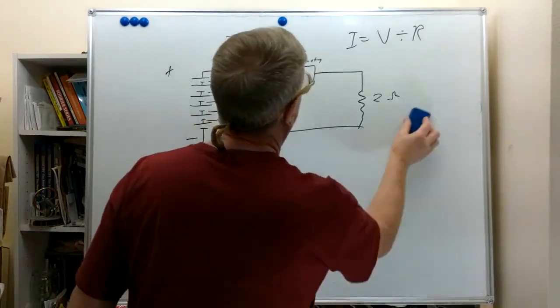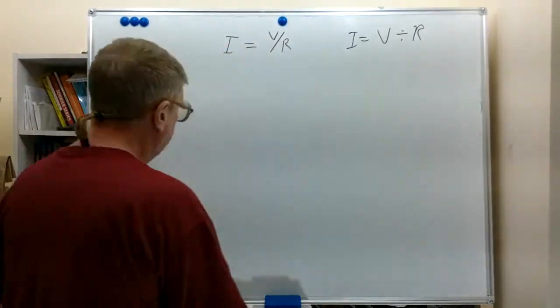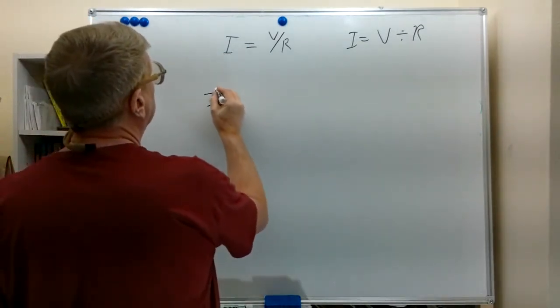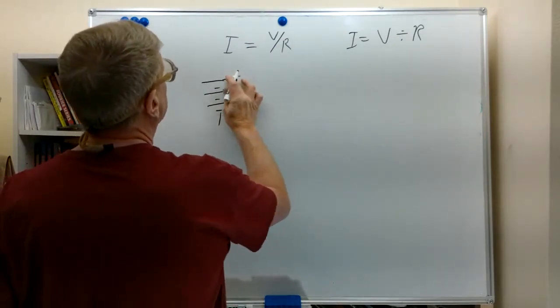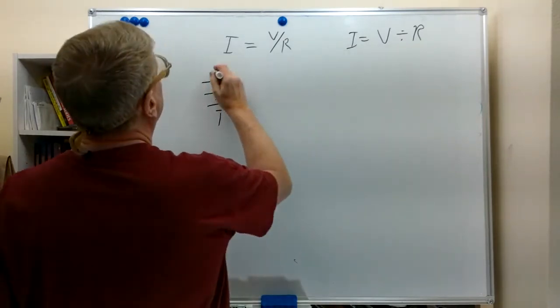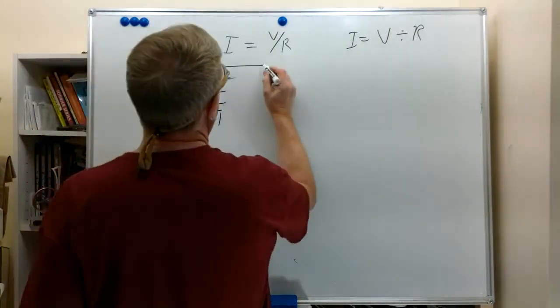We're going to do a few other examples here. We're going to draw another little circuit here. Got a battery here. We're not going to put the amp meter in, we're just going to do some calculating.